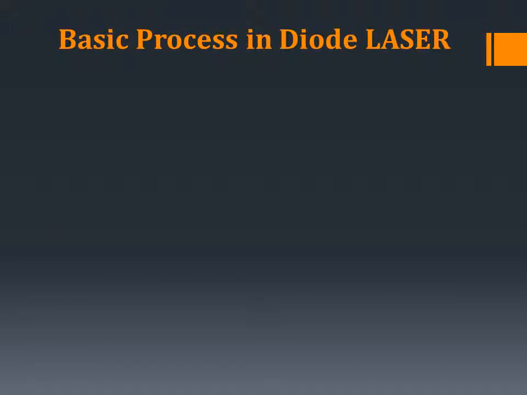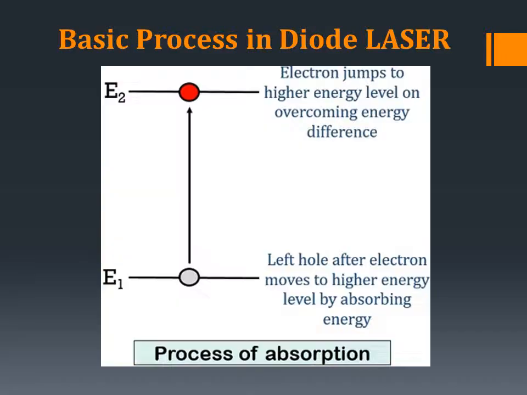Let us look at the basic process for laser action in a laser diode. An electron which is present in the valence band absorbs a photon of energy and moves to the higher energy level in the conduction band. A hole is left behind in the valence band. This is the process of absorption.